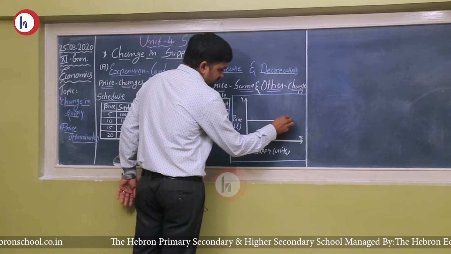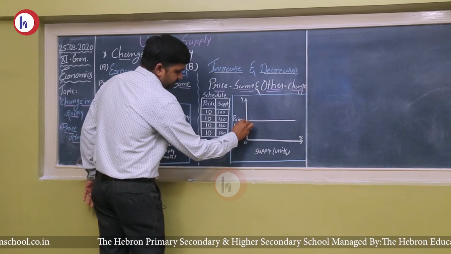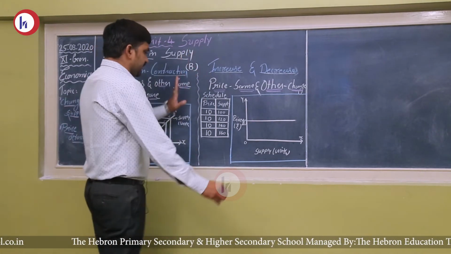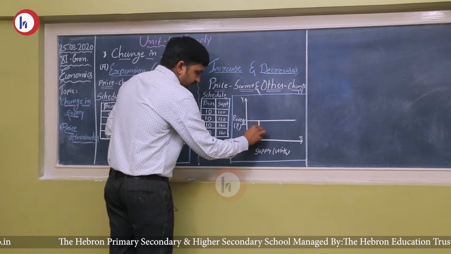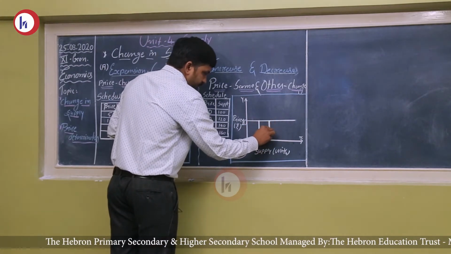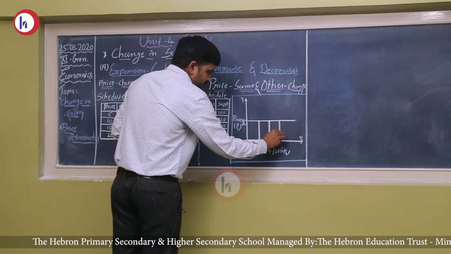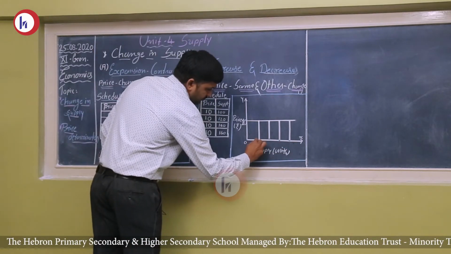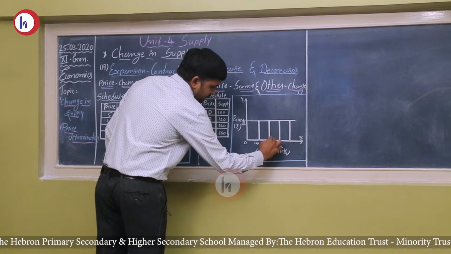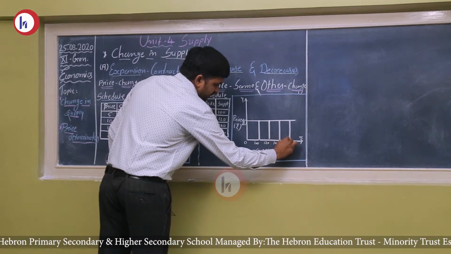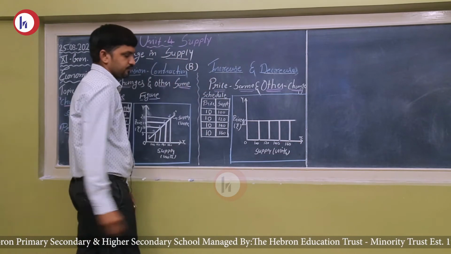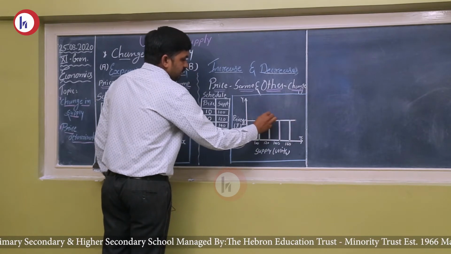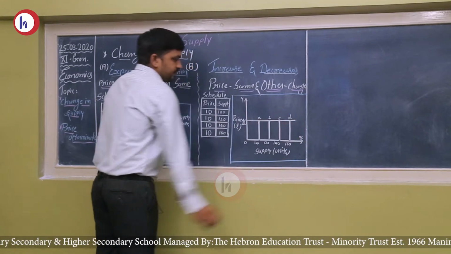So if I take price rupees 10 here, it means there is no change in price, still supply was 100, then it became 120, then it became 140, and then it became 160. So 100, 120, 140, 160, and combination A, B, C and D.